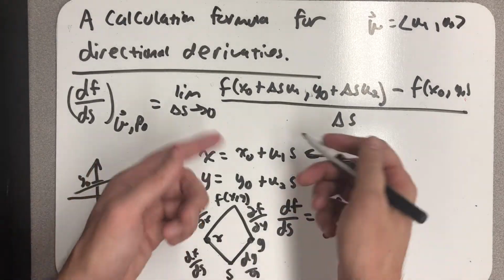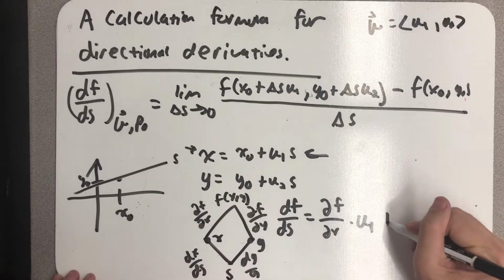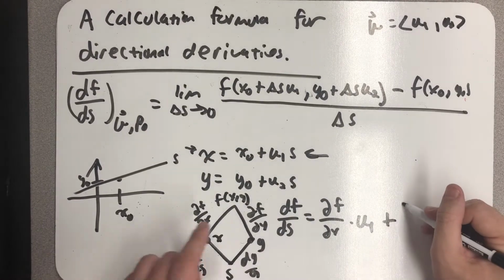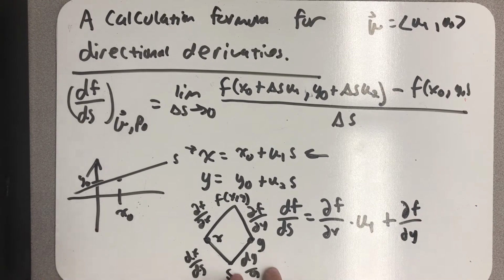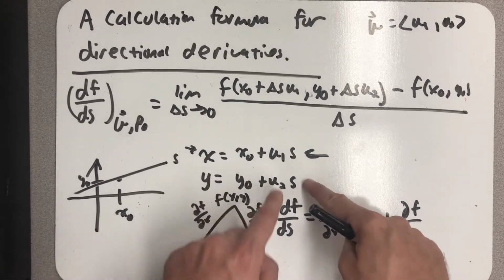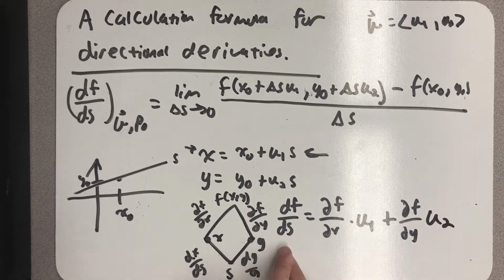When I take the derivative of this with respect to s, I just get back u1, plus the partial of f with respect to y times, well, again, dy ds. Take the derivative of y naught plus u2 s, I would just get u2. And so here's my chain rule for df ds.